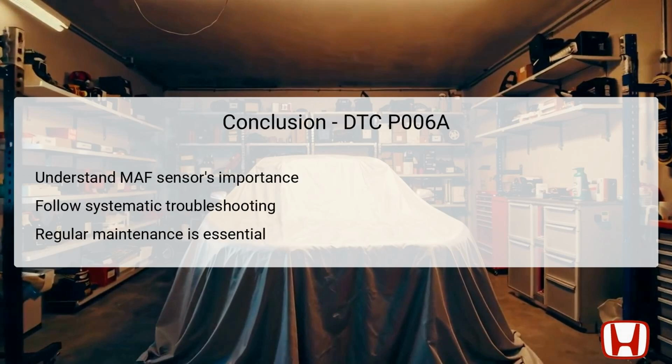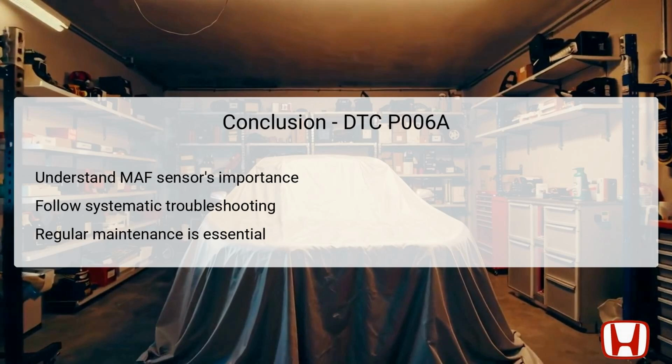In summary, DTC P006A signifies a problem with the MAF sensor circuit or its performance, which can translate to serious issues if not addressed. Understanding the critical role of the MAF sensor in maintaining optimal engine performance is essential.